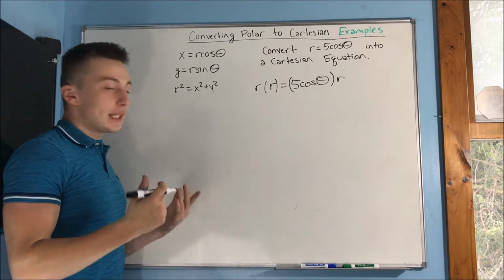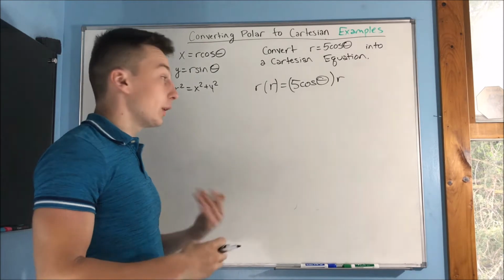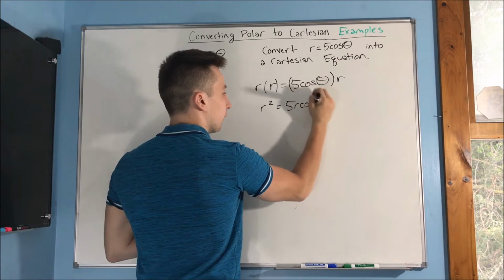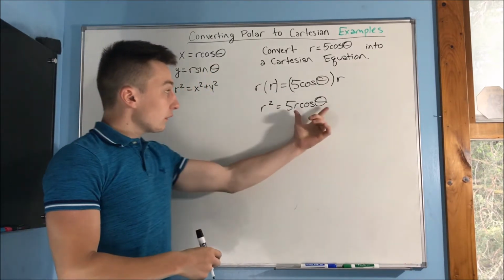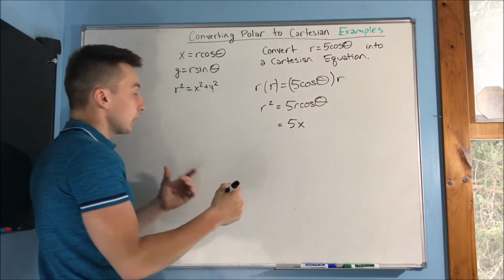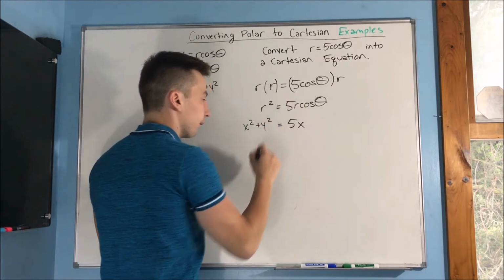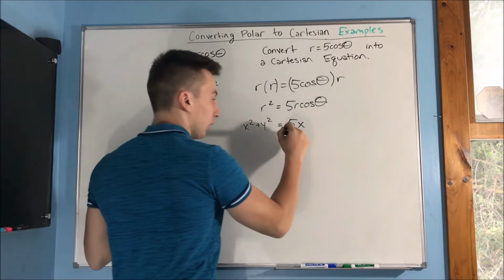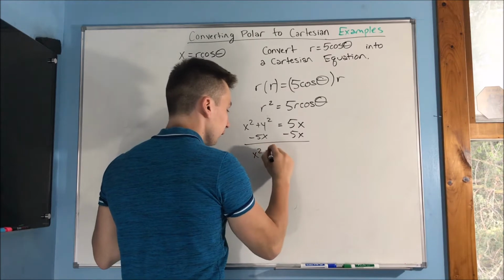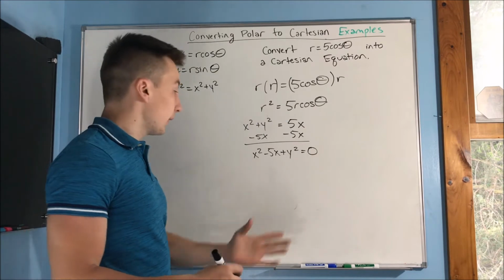Okay? And what that's allowing us to do is not only do we now have an r cosine theta, but we also have an r squared. Okay, and that's really going to help us. So we get that r squared equals 5r cosine theta. This r cosine theta is an x, so we know we have a 5x on this side. And right here, this is r squared. We know that's x squared plus y squared. Subtracting 5x over, and now we can complete the square.